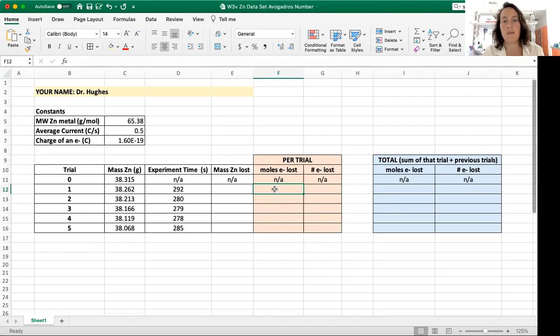So in order to calculate the moles of electrons lost, we need to know the mass of copper that was lost, sorry, the mass of zinc that was lost, because I'm using zinc. And we're given them, after each trial, we've weighed our copper or zinc electrode to see what mass was lost.